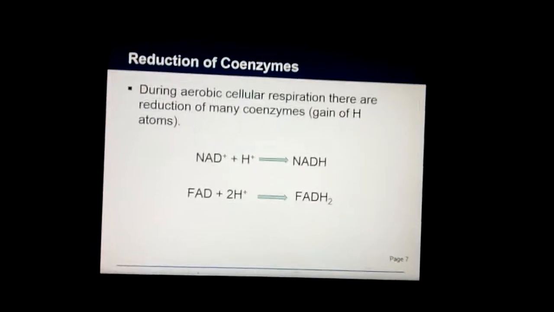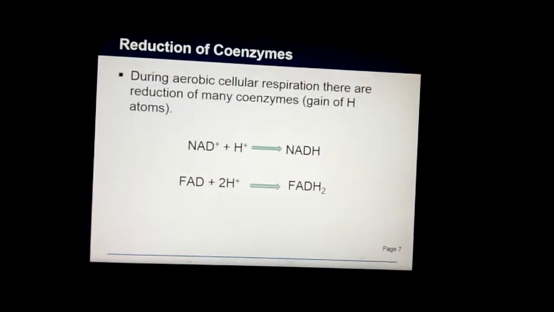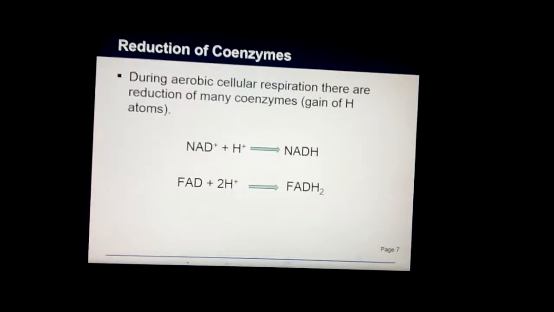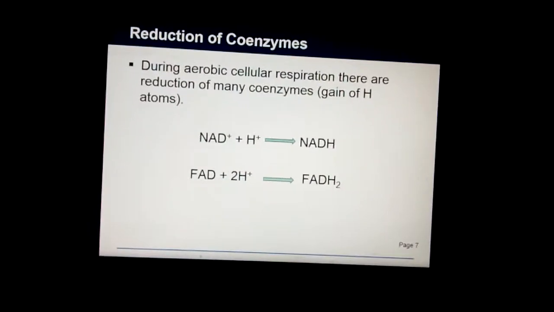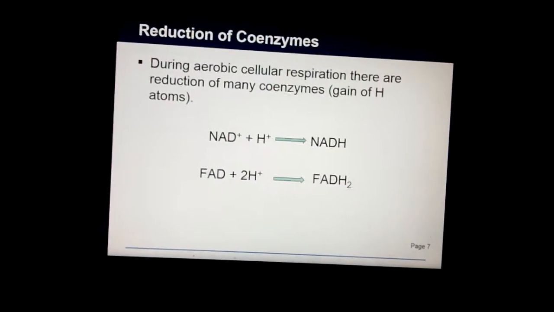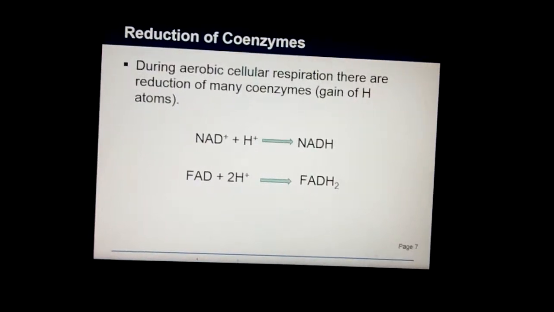Here basically is trying to show you that the reduced coenzyme NADH comes from a precursor molecule known as NAD+, and also you need the presence of hydrogen ions in order to drive the synthesis of this reduced coenzyme.